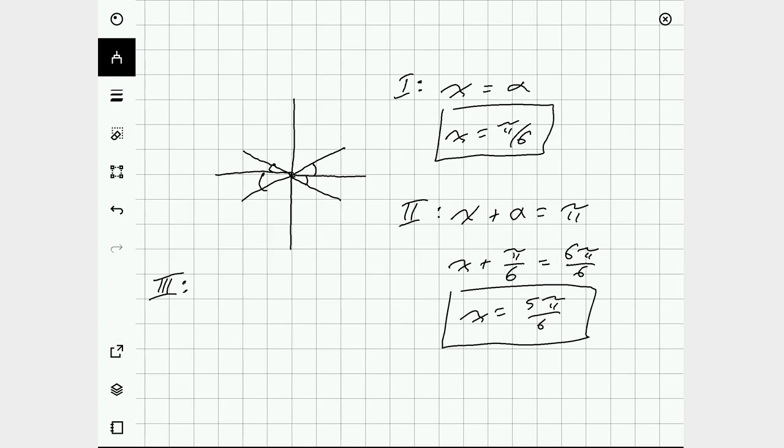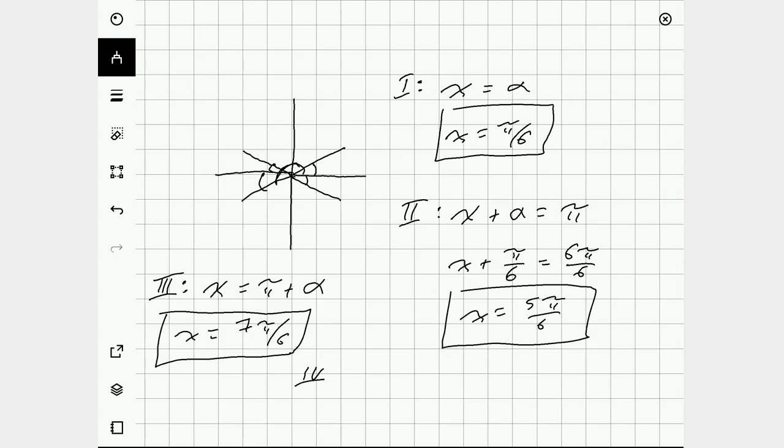In the third quadrant, I know that x, to get all the way around, is go halfway around and then go a little bit more. So that's pi plus alpha, which comes out at 7 pi over 6.